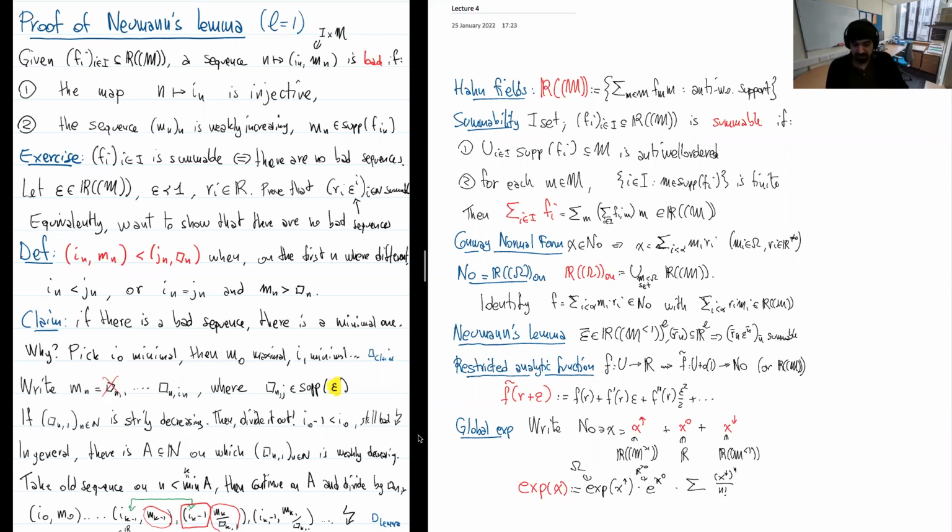You divide by an infinitesimal, then m_{k-1} is strictly less than m_k. So in this special case in which the two indices are equal, this guy is strictly less than the next one at this particular stage.